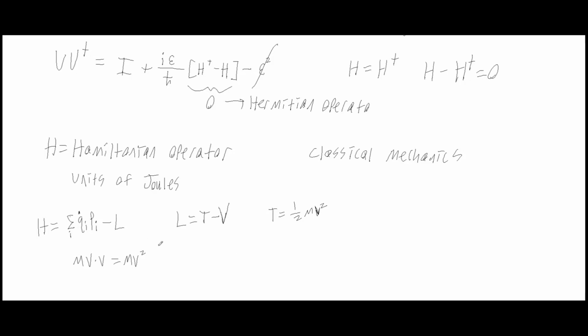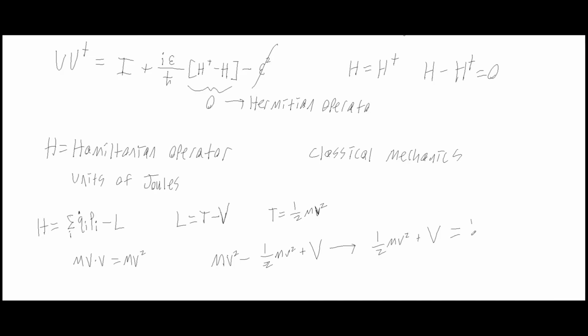So we have mv squared, and then we subtract 1/2 mv squared plus our big V for the potential. This will be mv squared minus 1/2 mv squared. So what we end up getting there is 1/2 mv squared plus our potential energy.